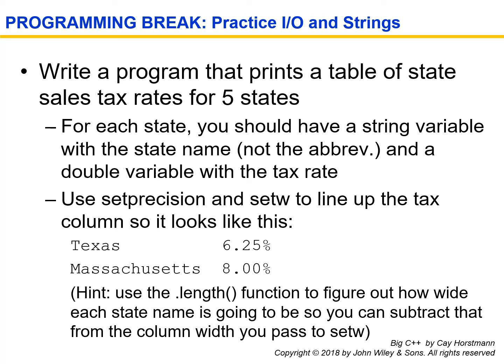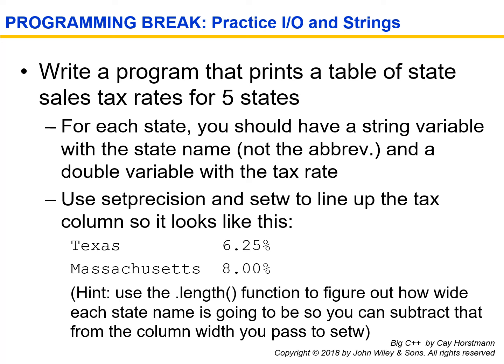Okay. And you're going to use fixed and setprecision to get the right number of decimal places after the dot. And you're going to use setw to line up the tax column so that all of the tax rates line up in a nice little column there at the end. Now the setw for each column is going to be different because you're starting after you print the name of the state.